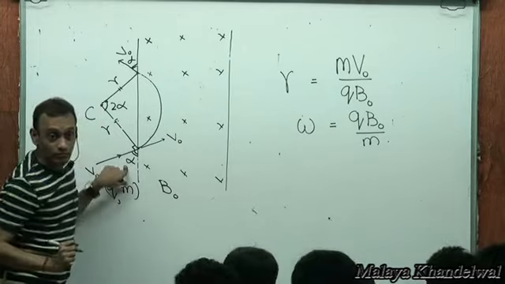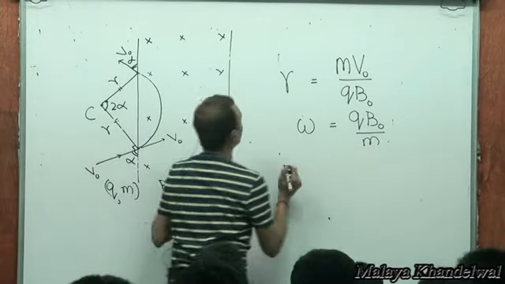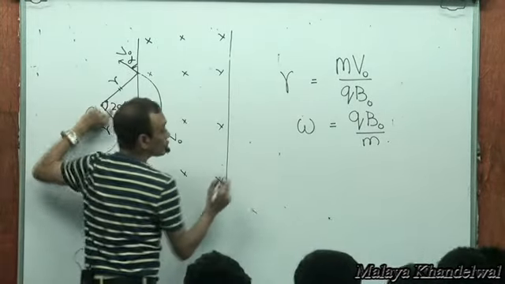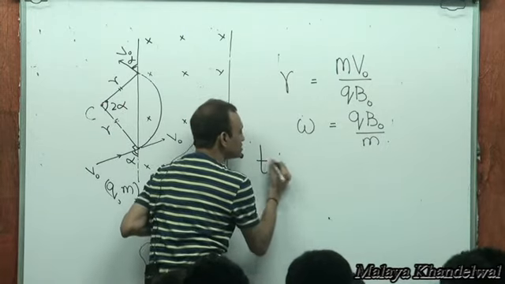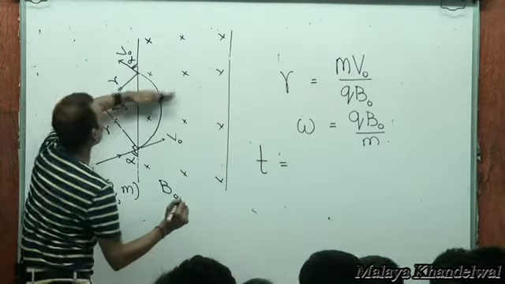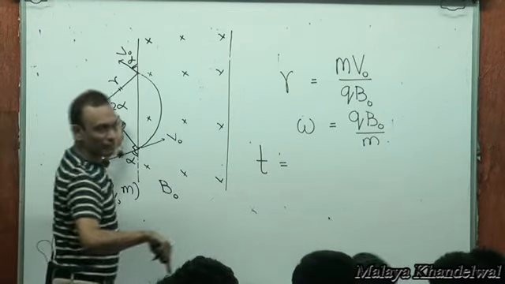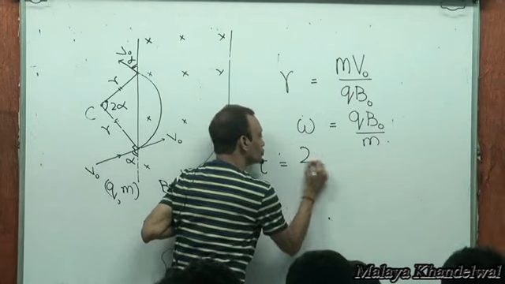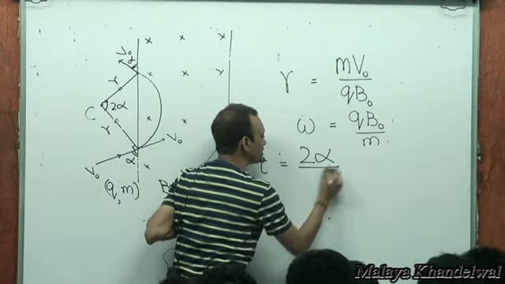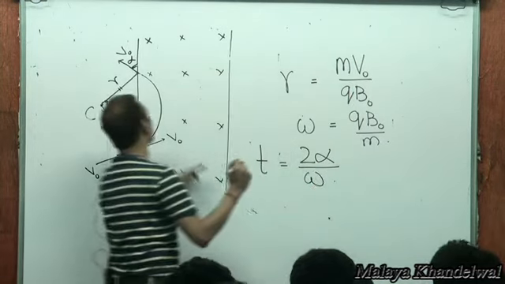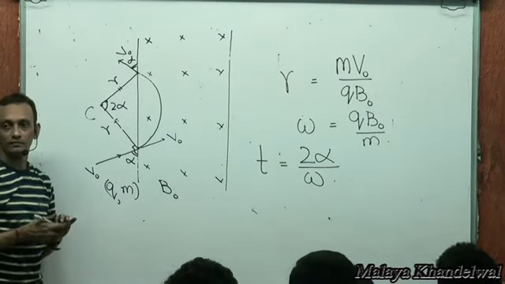Alpha is given. Now this angle is 2 alpha. So time taken, residence period, is going to be the total angle subtended at the center, 2 alpha, divided by omega. That's going to be the residence period in this.